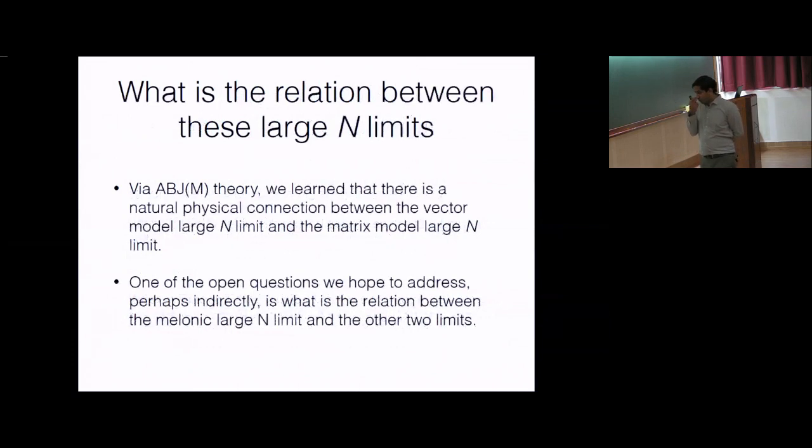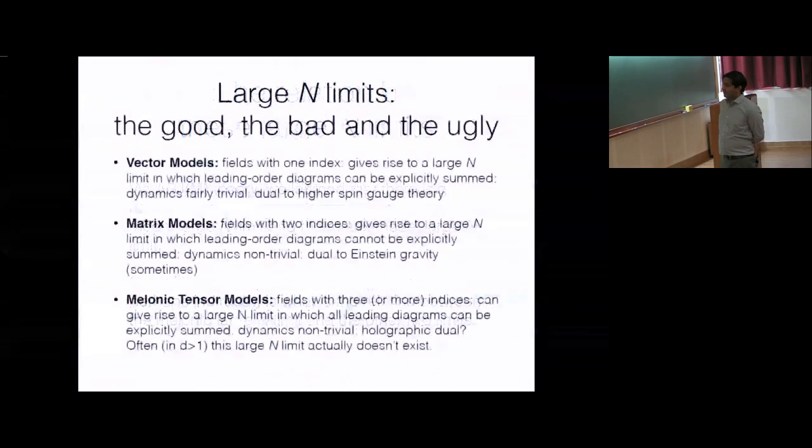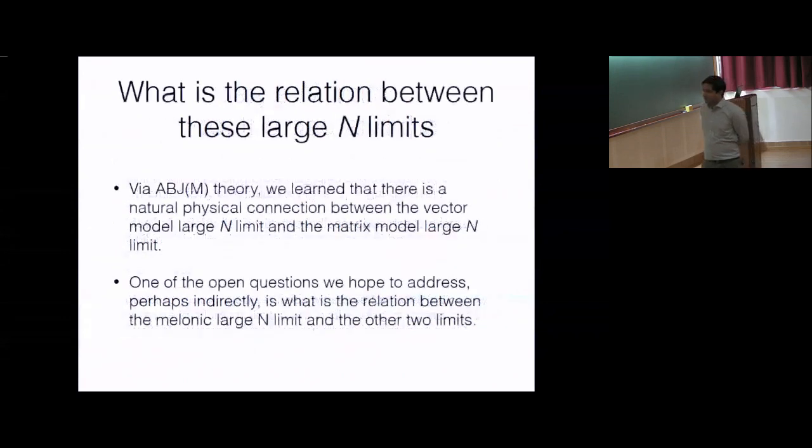One motivation for studying tensor models is that we may be primarily interested in matrix models, but there could be indirect relations between tensor models and matrix models, like there are between vector models and matrix models.